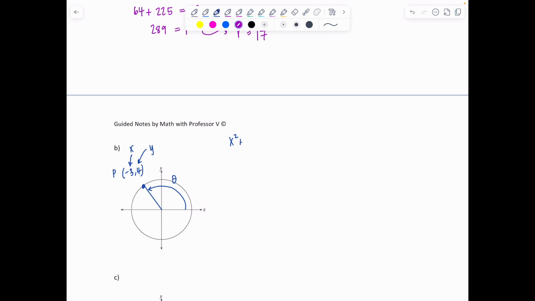But remember, x squared plus y squared is r squared. So -3 squared plus 4 squared is going to give us r squared. That's 9 plus 16 is r squared. R squared is 25, which means r is just positive 5, no plus or minus. Okay, so sine theta is going to be y over r, so 4 over 5.